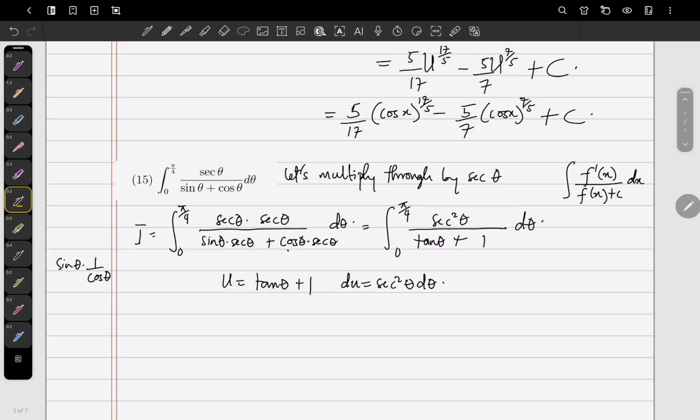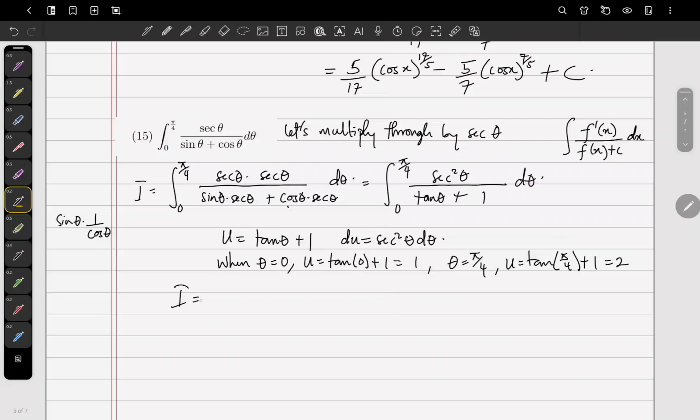Oh, looking good already. And again, like we did in the previous question, we change the limits of integration. When theta is equal to 0, u is equal to tan 0 plus 1, which is 0 plus 1, that is 1. And when theta is equal to pi over 4, u is equal to tan pi over 4 plus 1. Tan pi over 4 is 1, 1 plus 1 is 2.